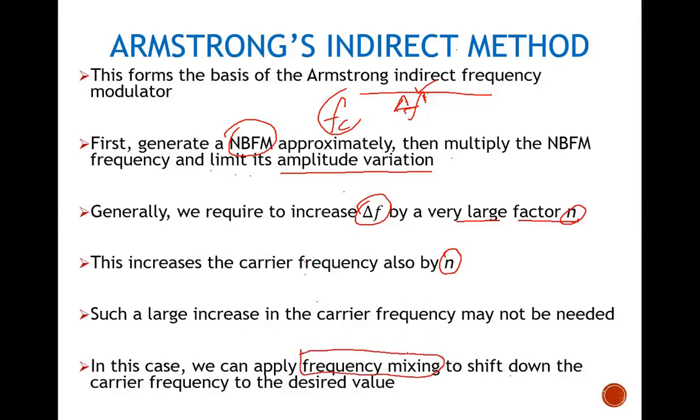If we have used a frequency multiplier, it will increase both n f_c and n delta F. So to bring this down to a suitable value, we can then use a frequency mixer to shift down the carrier frequency to our desired value, right?